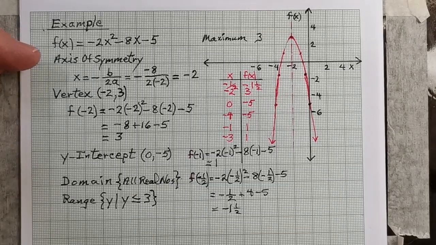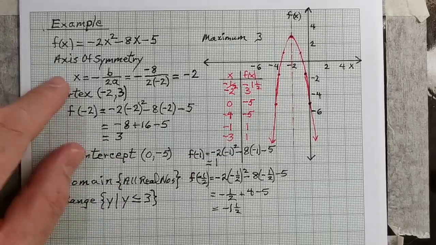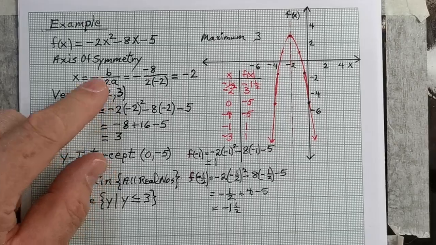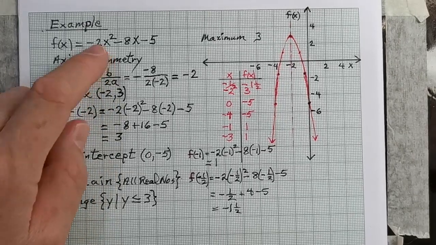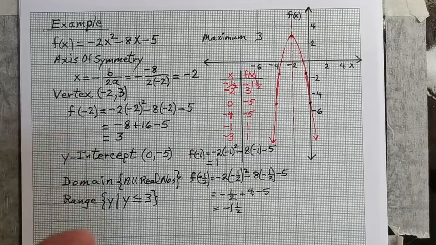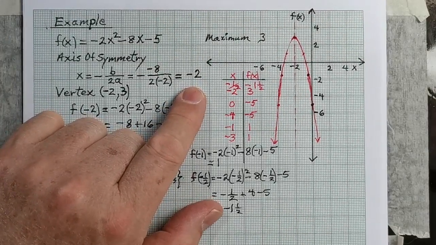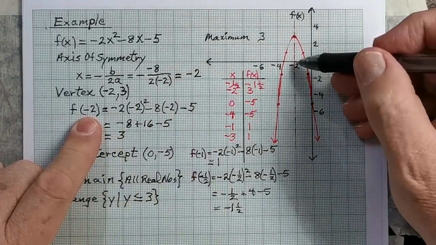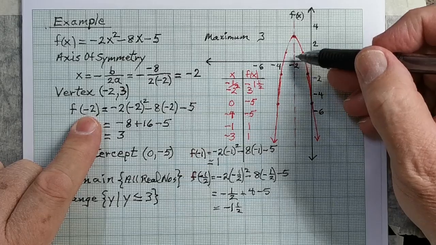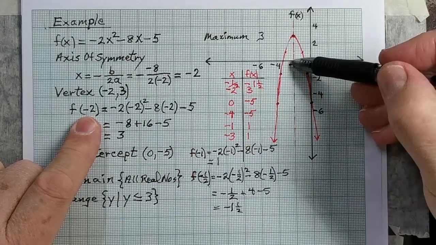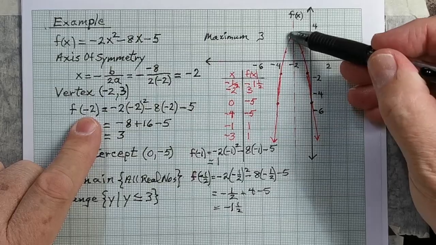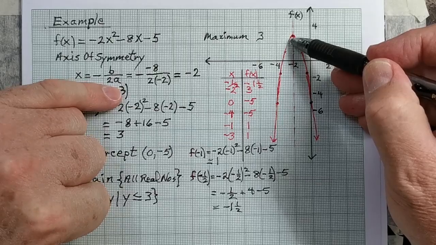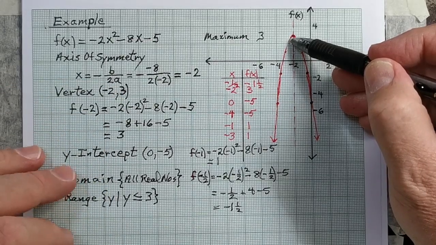We've identified, first off, our axis of symmetry was the line x equals -2 by using our formula minus b over 2a. Please memorize this formula, x equals minus b over 2a. Then we use the value of x for the axis of symmetry right here. We use that value of x, -2, plugged it into the function to see when you are on the line of symmetry, what will be the value of the function. The value of the function will be 3. So we put in -2 and we got out 3. That identified the vertex as -2, 3. Then the next thing we did, we said, well, what's the y-intercept?